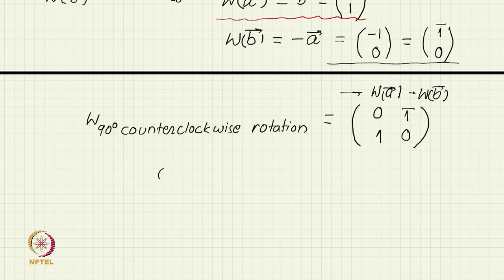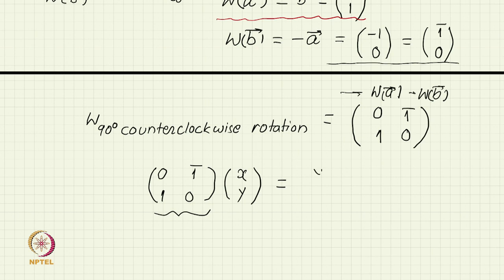So, I can now have a general formulation also, of what happens to a general vector x y upon 90-degree clockwise rotation, because this matrix we know is representing the 90-degree clockwise rotation. If I multiply any vector x y, the result will be the rotated vector.